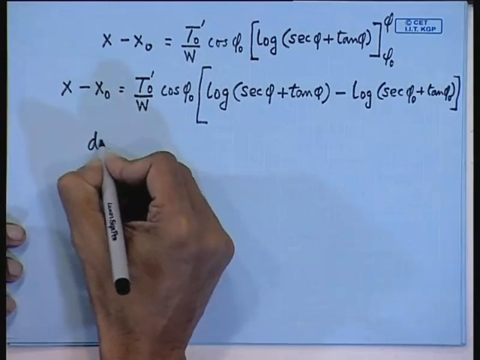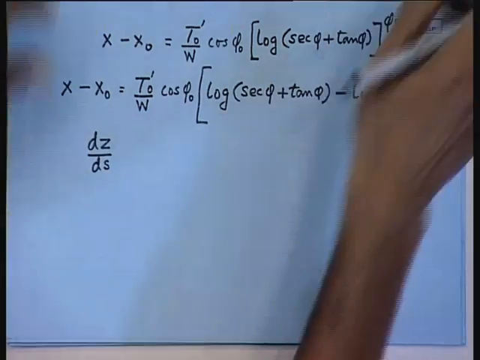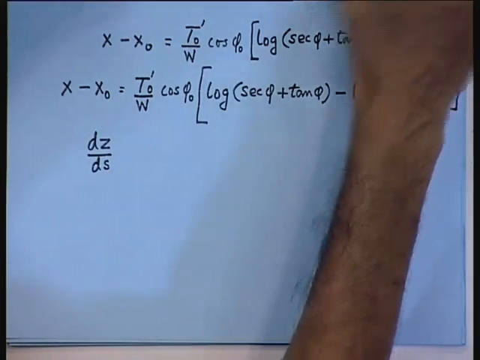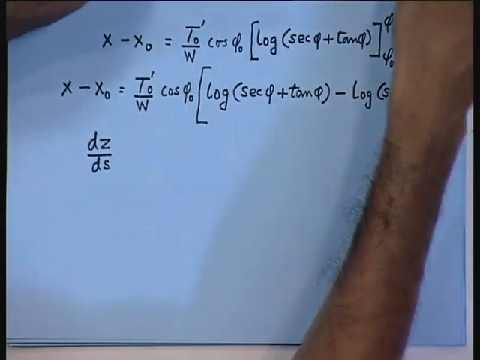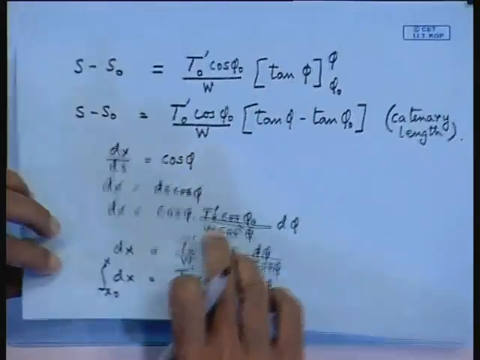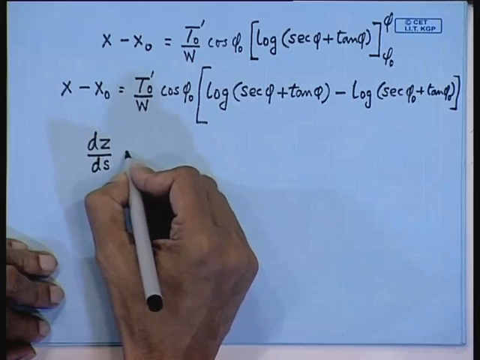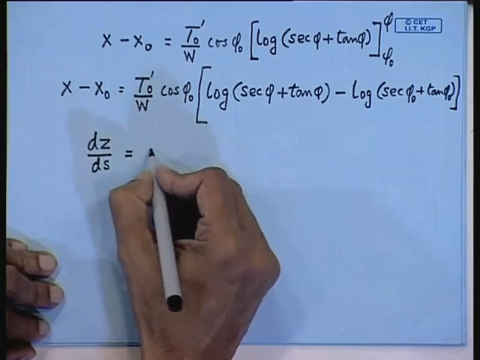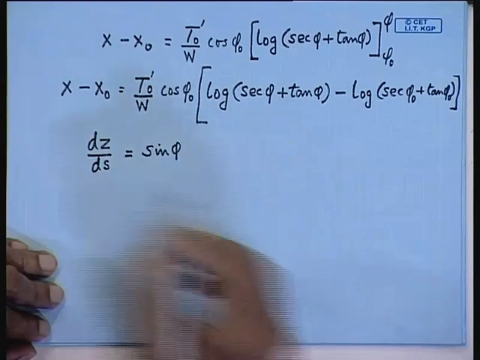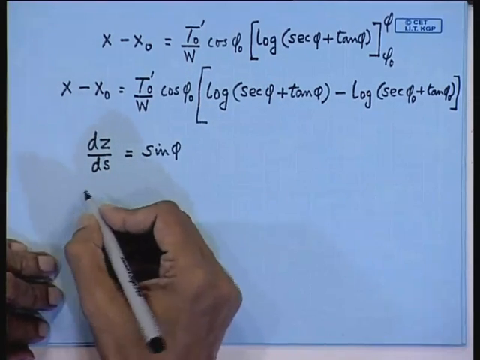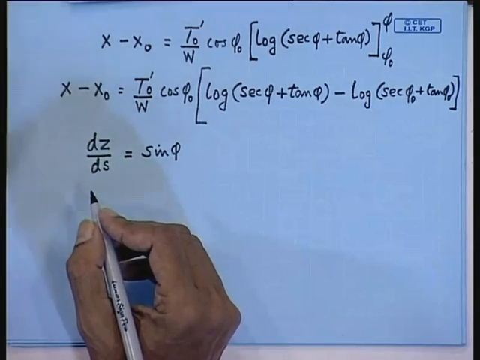So what is the value of dz over ds? Similarly, we started with the expression dx by ds, which is simply cos phi. So this will be sine phi. Now from this expression you can calculate z minus z naught, the vertical projection of the cable line.